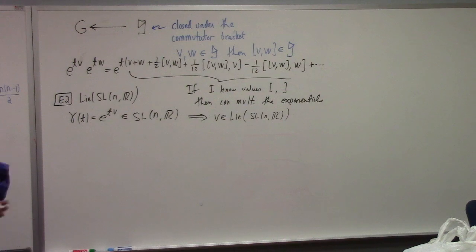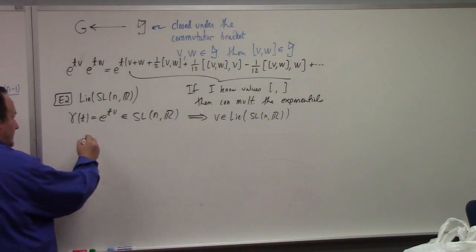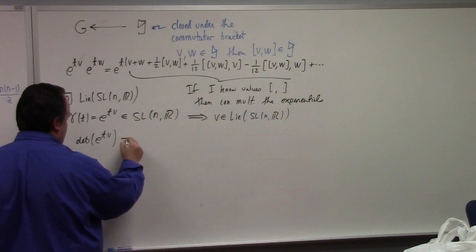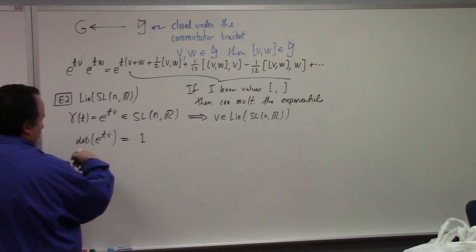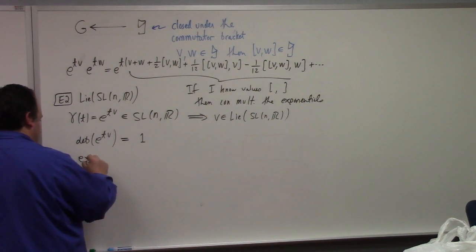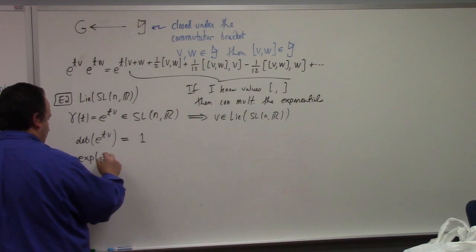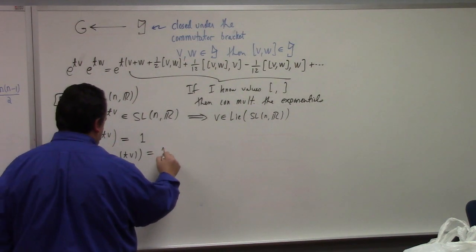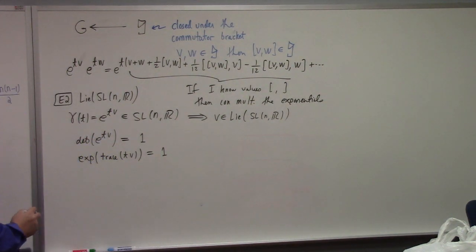You guys, you remember how we defined SLN? It was the determinant of e to the tv is equal to 1. But we had a formula. Now the formula is awesome, because the formula said that the determinant of the exponential is the exponential of the trace, right?